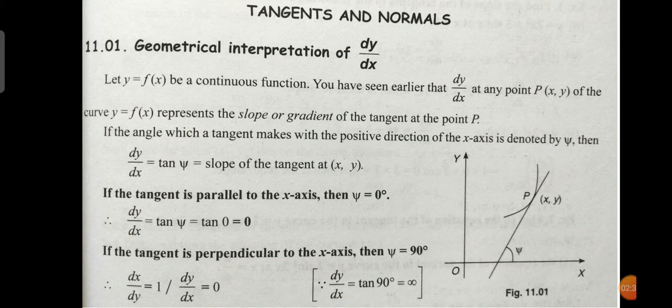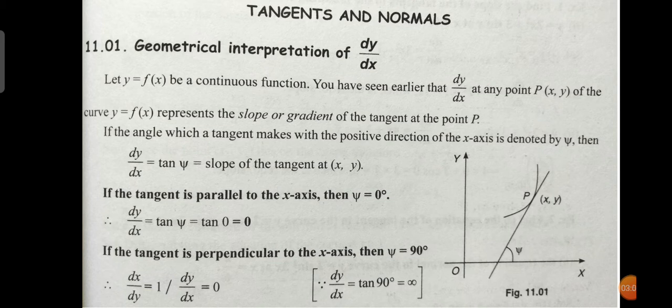And what is a continuous function? Continuous function means that when we draw a graph, the curve has no discontinuity. Look at that figure. The straight line is drawn, that is the tangent, and look at the curve.